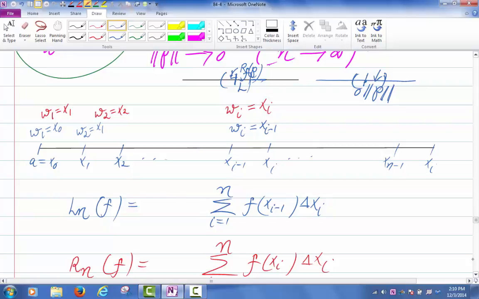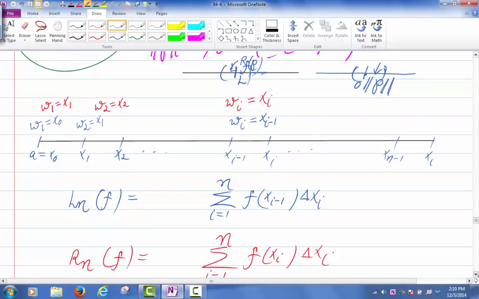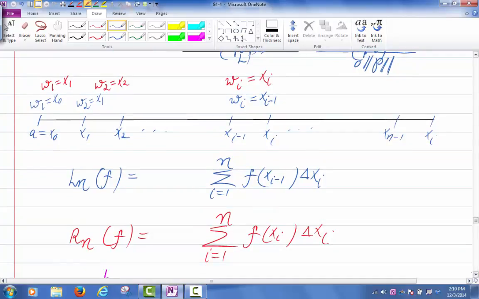Okay. So how did I write down the Ln in summation notation? Look at the ith subinterval. What's the left end point? x_{i-1}. So you evaluate f at the left end point, multiply by the length of that subinterval, right?